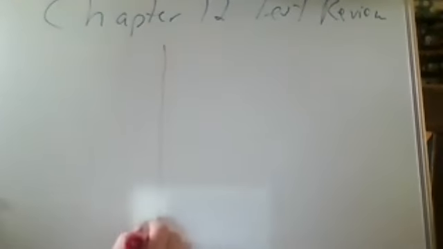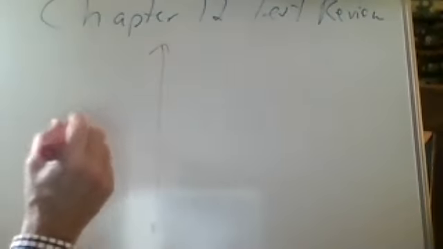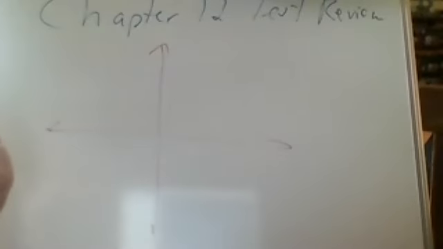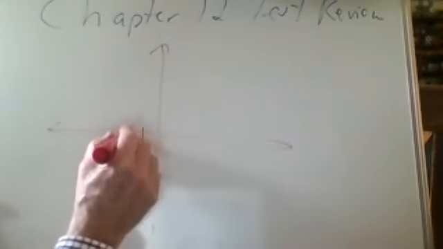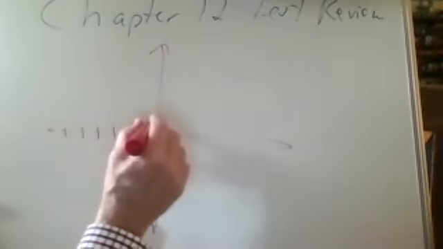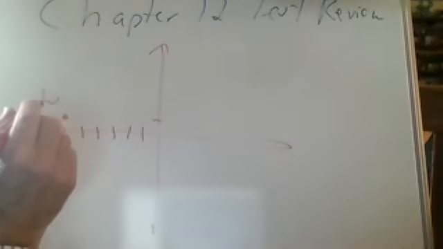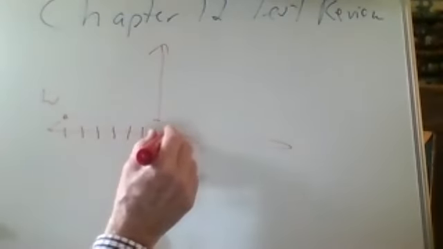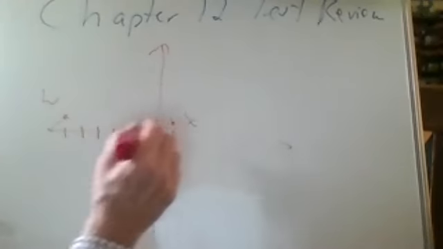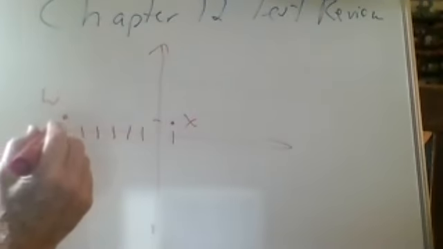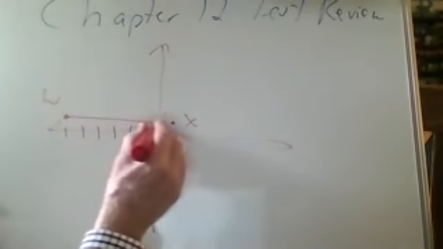All right, so we've got W is -6 and 1, so W is right here. And X is 1 and 1, so X is right here. So they're both at 1, which means this is a horizontal segment.